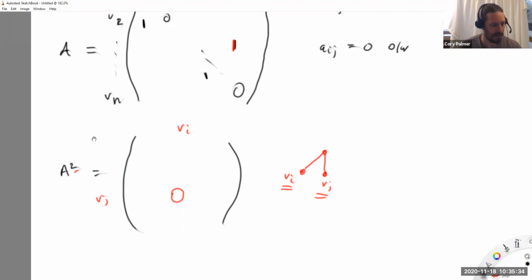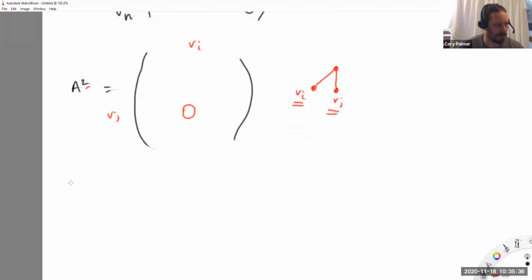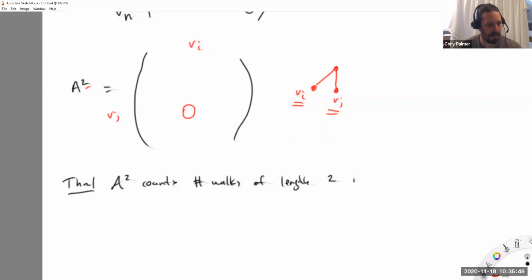So for us, I'm just going to call this a theorem: A^2 counts the number of walks of length 2 in G. That's true in general. But for the graph we're talking about specifically, let's call it our A^2.